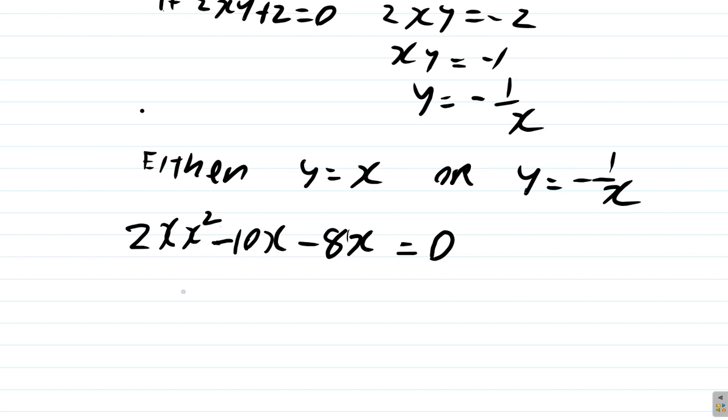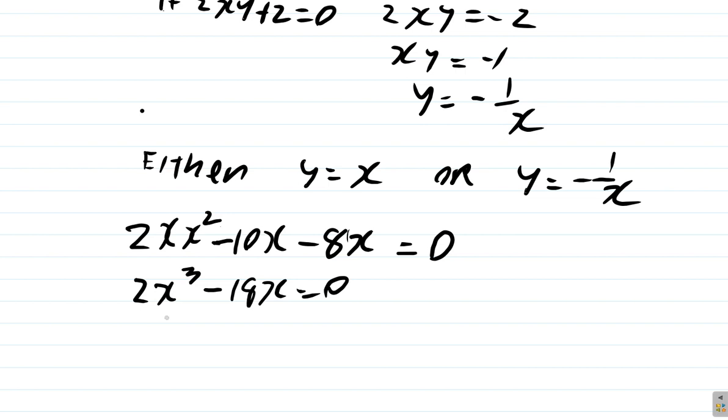What we have there is 2x cubed minus, well, negative 10x minus 8x would be what? Negative 18x, so it's minus 18x equals 0.